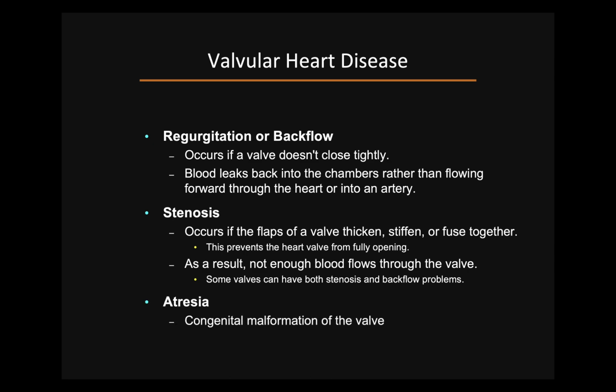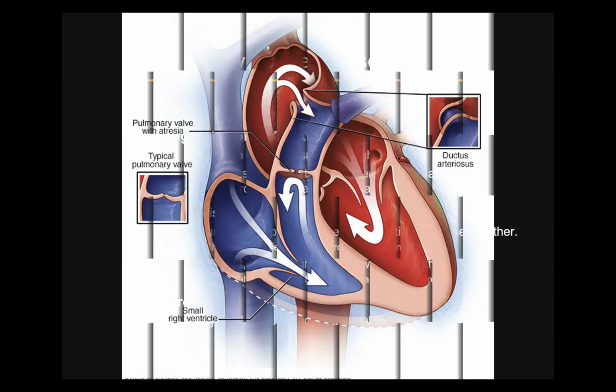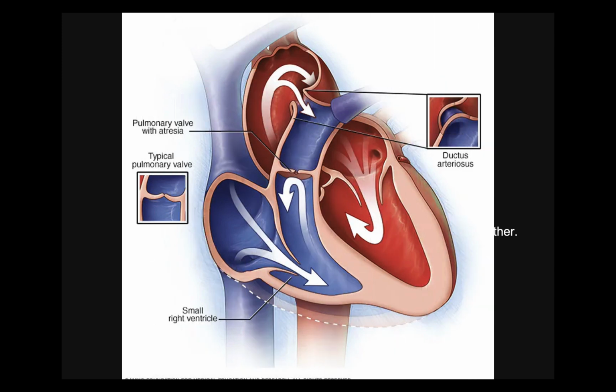Now, atresia is where we have a congenital malformation of the valve, and it can be any valve. For instance, in this picture, you see pulmonary valve atresia. This is where the child is born with a narrowing or a stenosis of the valve, and so, of course, blood flow isn't going through that valve like it should.